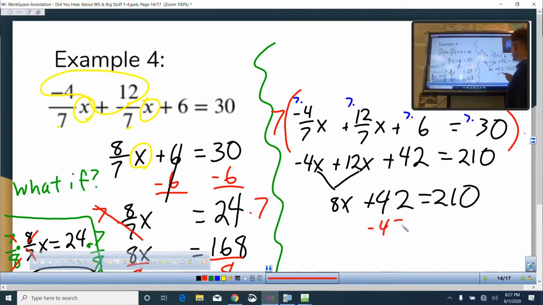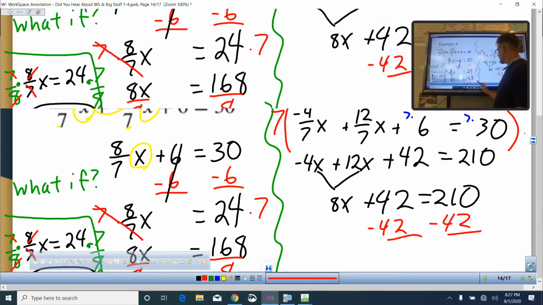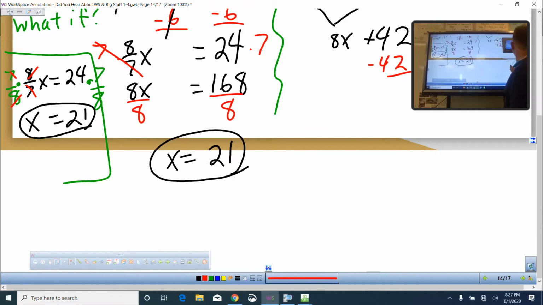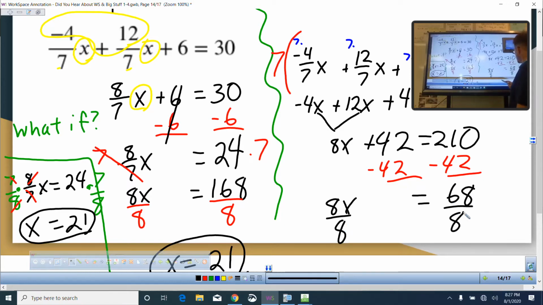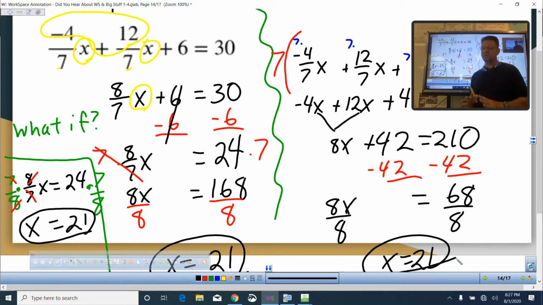Minus 42 on both sides of the equal sign. Oops, went too far. 8x equals 168. Divided by 8 on both sides, and x equals 21. So whichever method you end up going with, you still get 21.